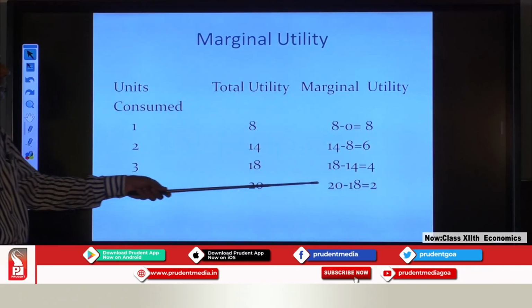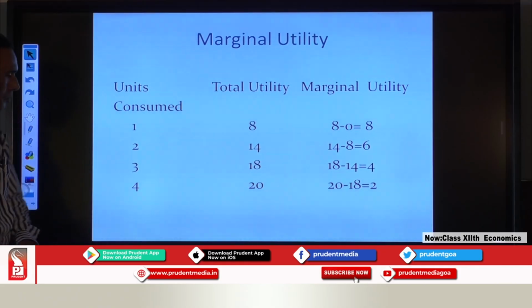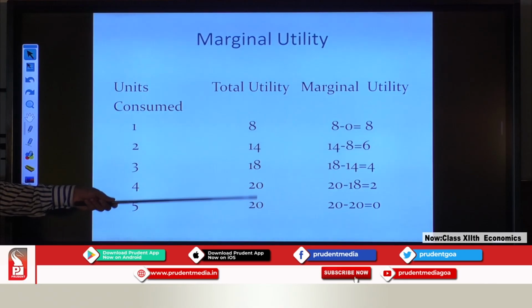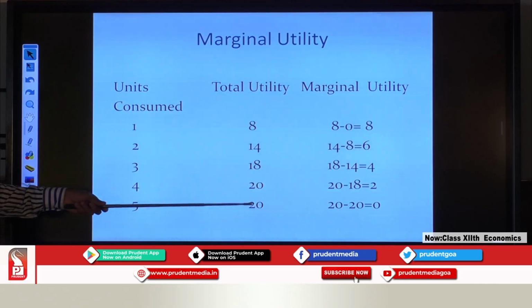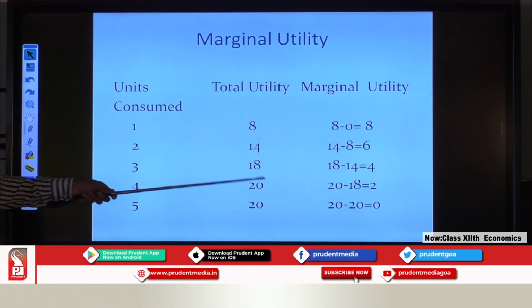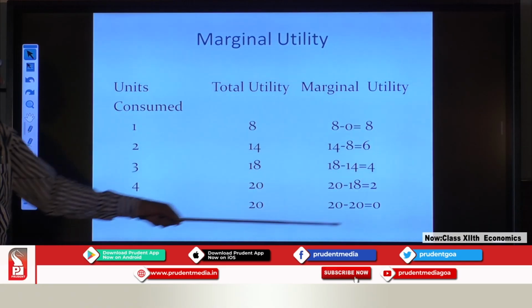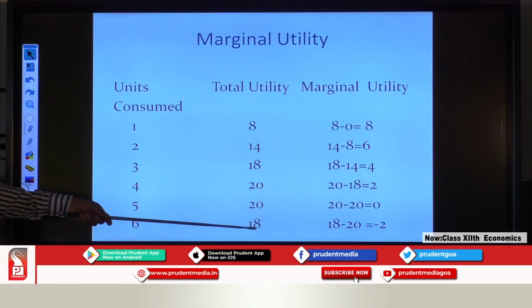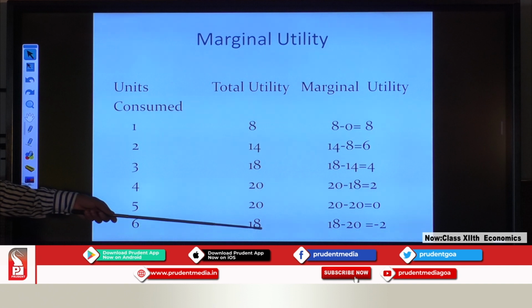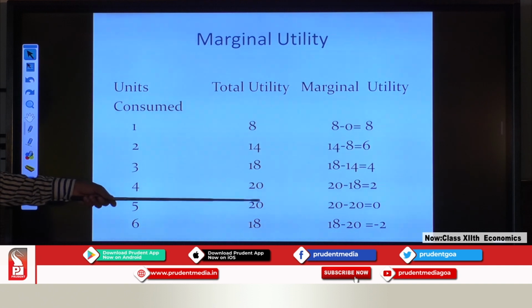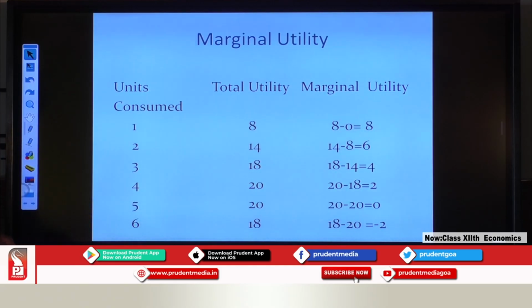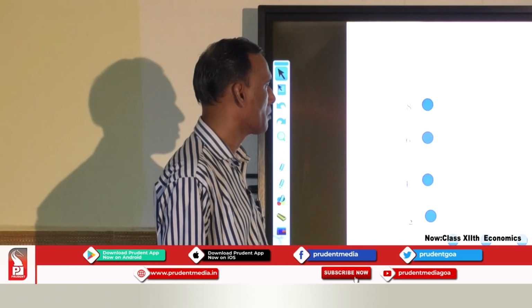So, 20 minus 18, I am getting 2. When I consume the fifth apple, again the same level of satisfaction. So, it is the maximum. So, 20 minus 20, I am getting 0. When I consume the sixth apple, I am getting a declining util. 18 minus 20 will give me minus 2. So, marginal utility goes on diminishing.